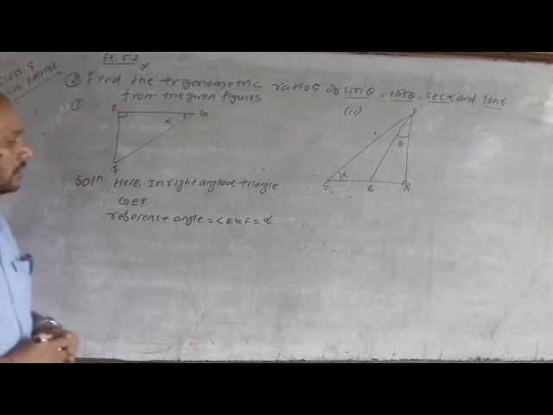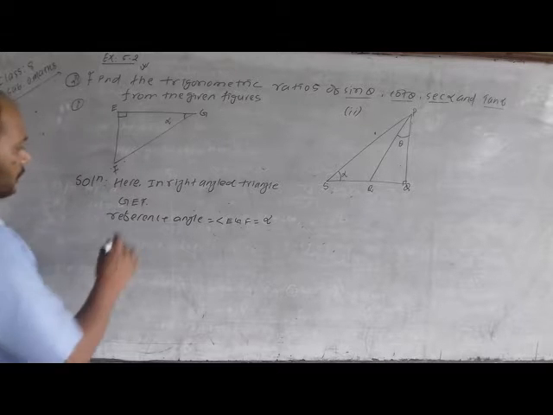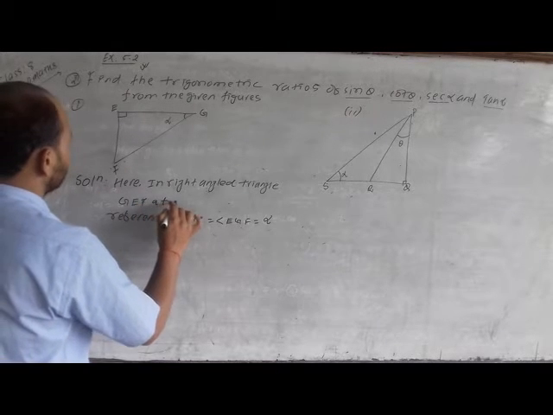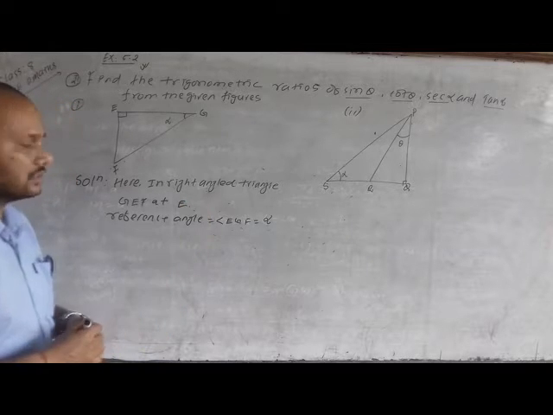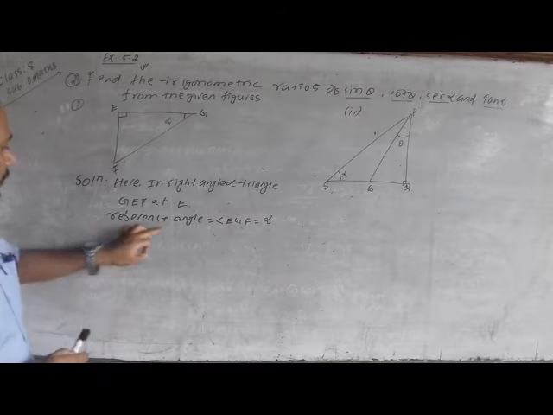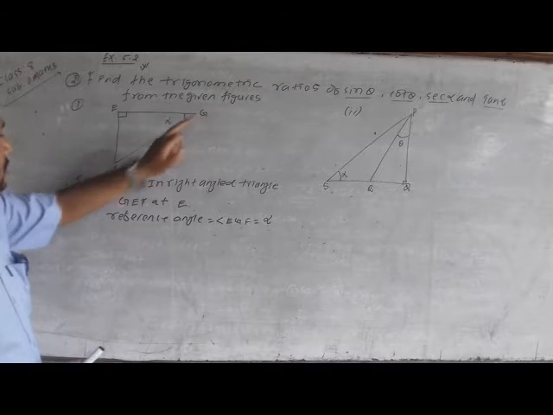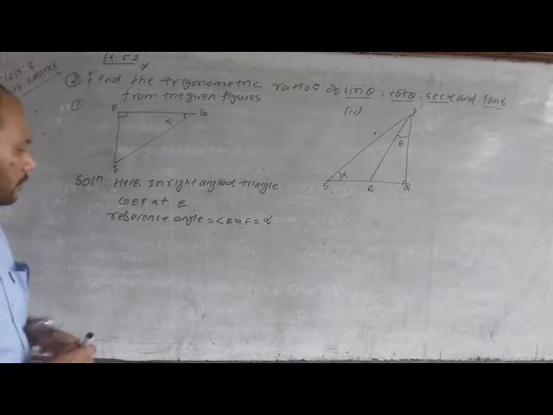My dear friends, the angle which is given, you write there at E. This is a right angle triangle at E; at E there is 90 degrees. Here the reference angle which is given is EGF. You write there EGF is equal to alpha.